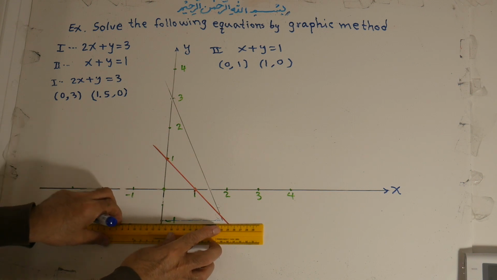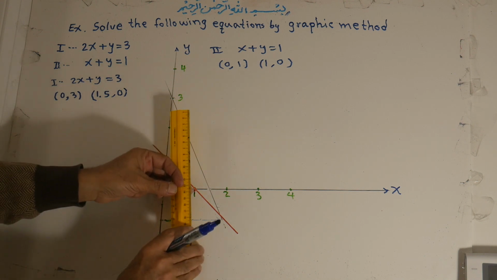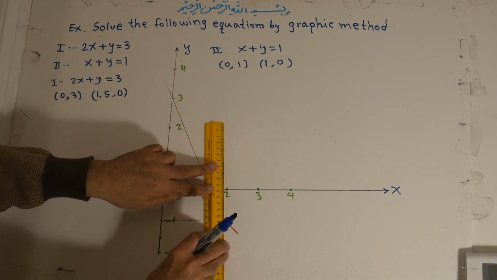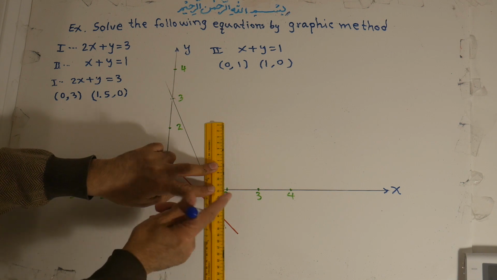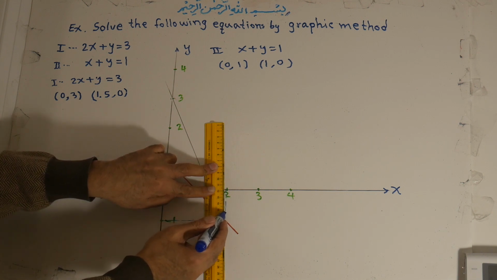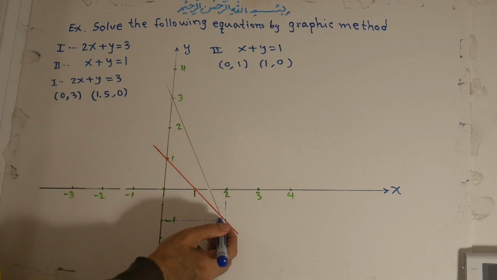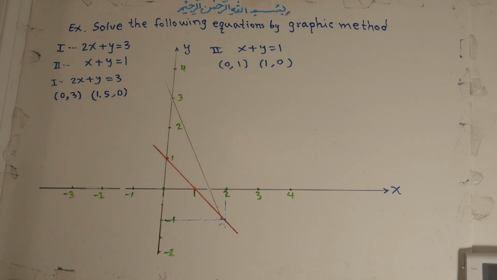This is positive one, negative one, and also from here to there, positive 2. The intersection point between these 2 lines is here. We make this line a little clearer.